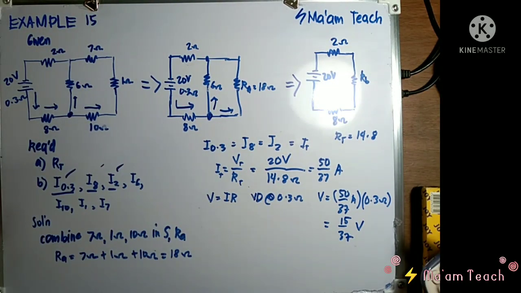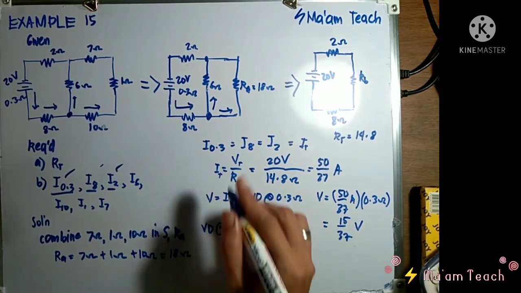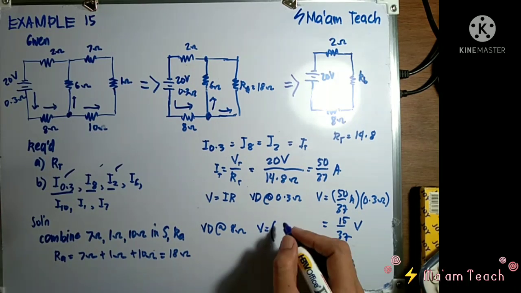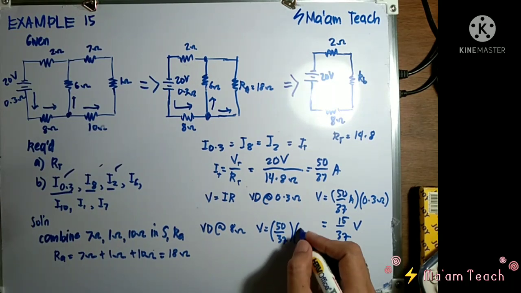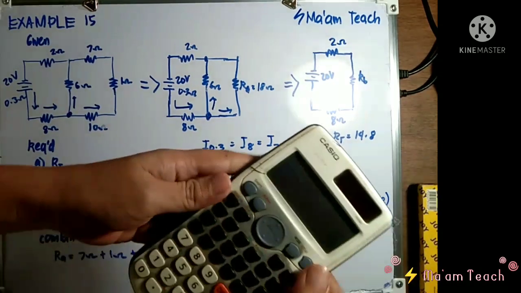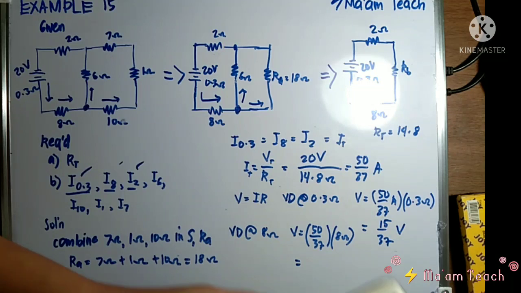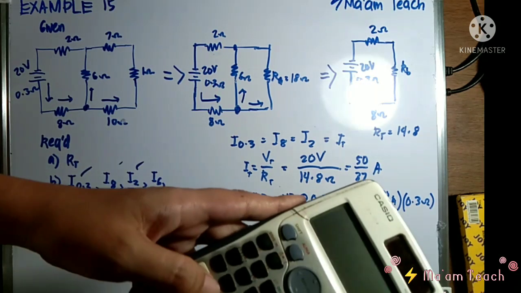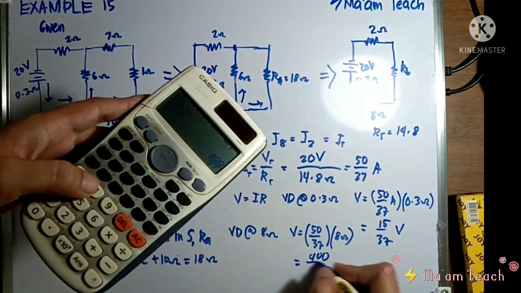While for the voltage drop across your 8 ohms, V is equal to, the current is the same, 50 over 37 times your 8 ohms. So the value is 50 over 37 times 8. So we have 400 over 37 volts.